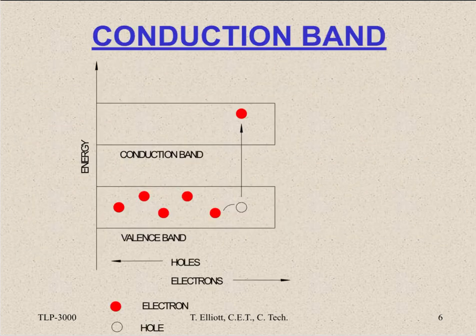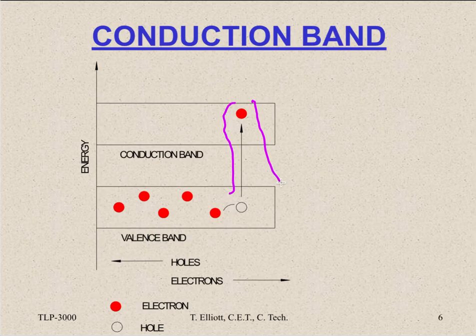Okay, so here we have the valence band. This is the outer shell band orbit of the copper atom. This is a hole. These are the electrons, right? So by adding an external voltage source, the electron in the outer shell goes up into this higher energy band, okay?